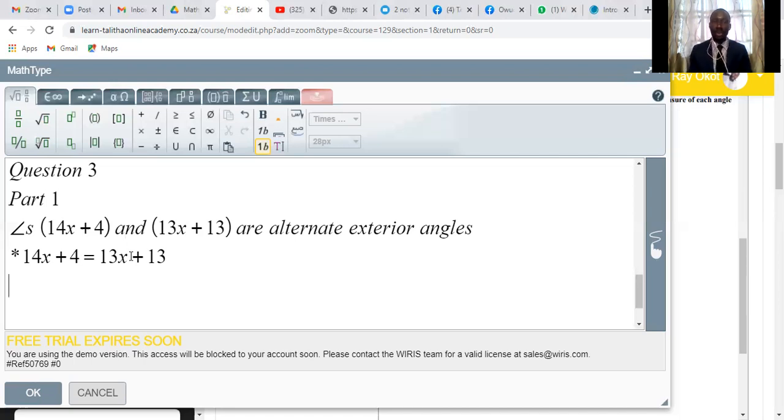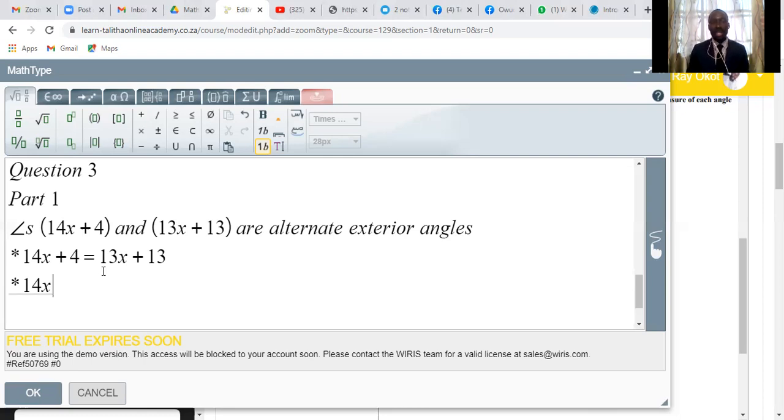Now, the next step after equating the two angles is to collect like terms. Collecting like terms means the terms having x attached to them, we put together, and the quantities not having x attached to them, we put separately. So 14x and 13x must be put together.